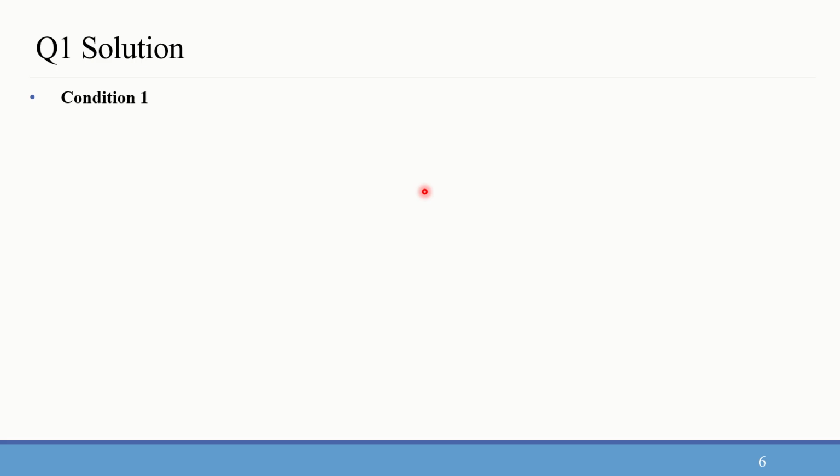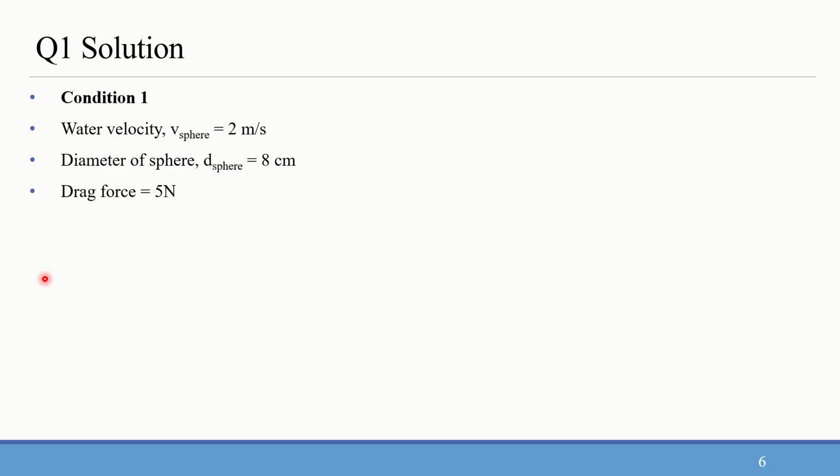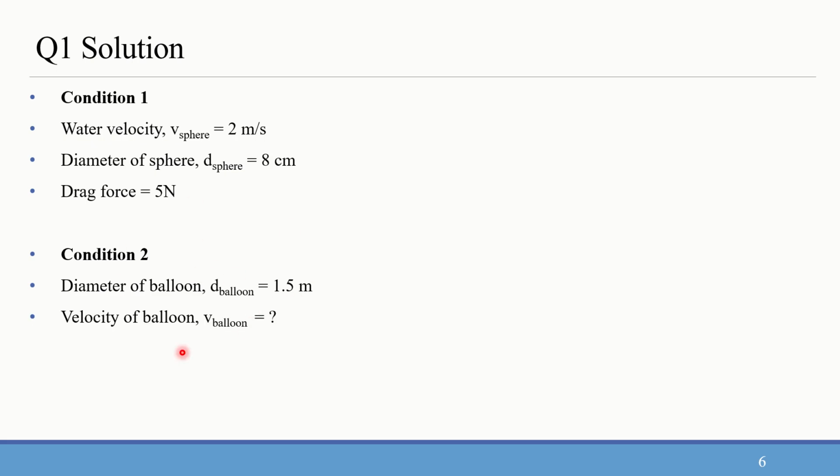For the solution, condition 1, that is system 1, is water: the velocity of the sphere is 2 meter per second, the diameter of that particular sphere is 8 centimeter, and the drag force is given as 5 Newton. For the second system, the diameter of the ball is given, which is 1.5 meter, and the velocity of the balloon is asked. We are asked to find the velocity of the balloon.